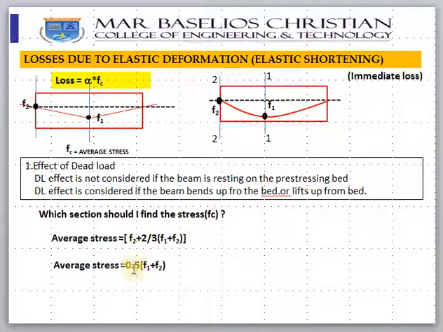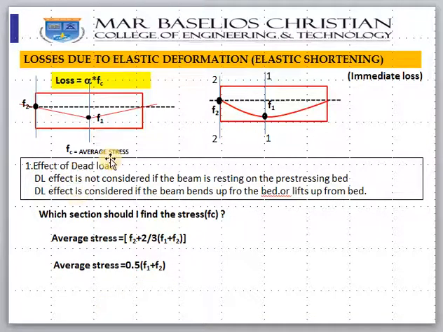For a linear profile we can take the average of F1 and F2, but for a parabolic profile we cannot. So for a parabolic profile we take the average stress like this only, F2 plus 2 by 3 into F1 minus F2. This is an important takeaway. Please note this down. When you take the average, you should take it this way.